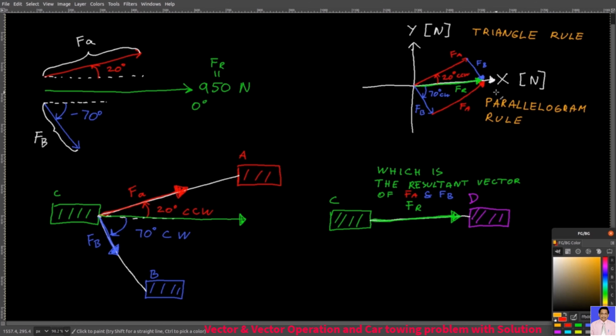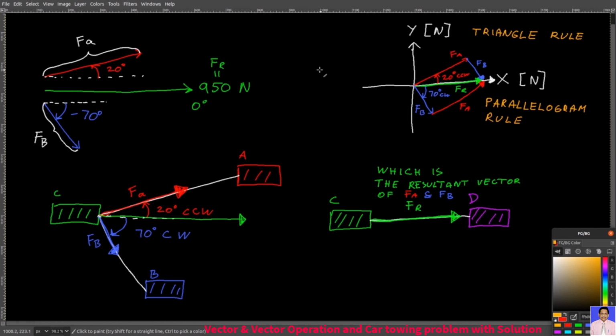But if you use this parallelogram rule, then you will end up having two triangles like this. That's very good because now we can use some triangle properties in order to find Fa and Fb. If you look at these two triangles, you can see that they are exactly the same.